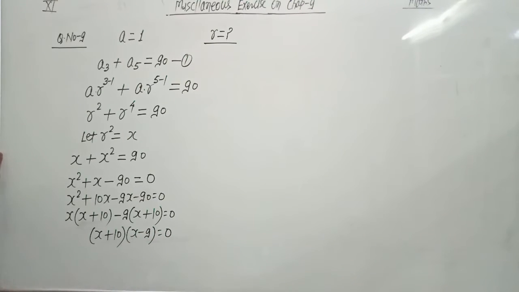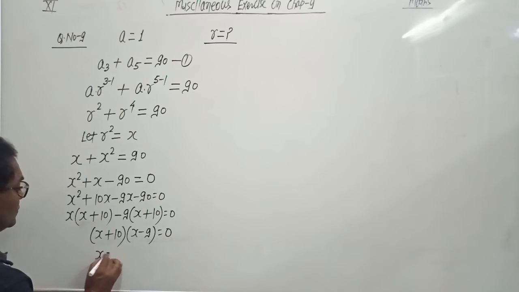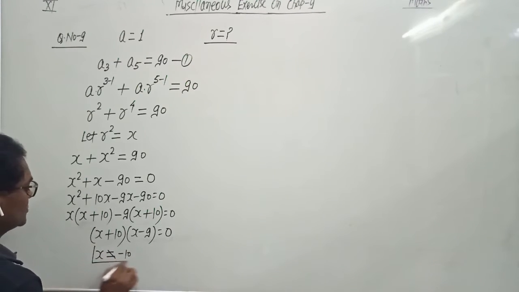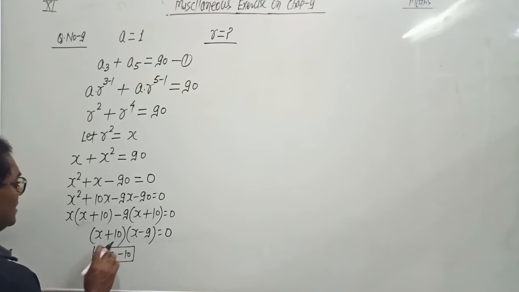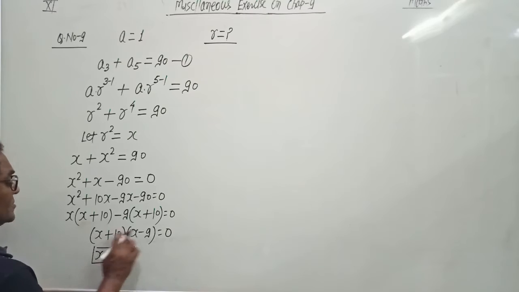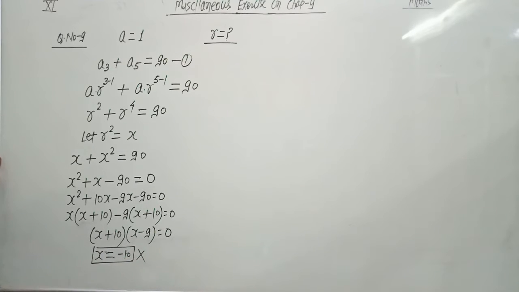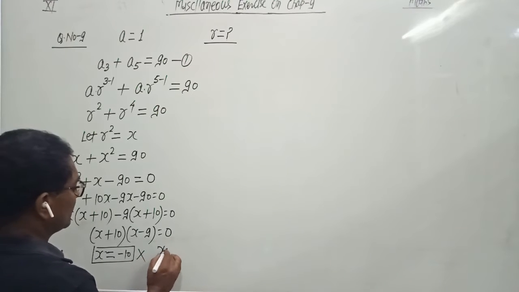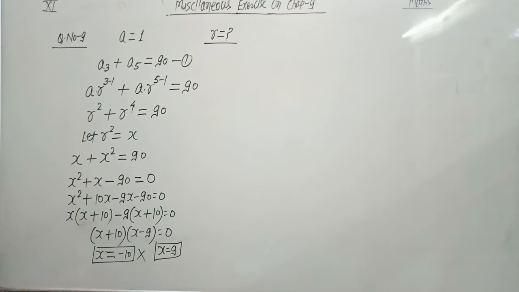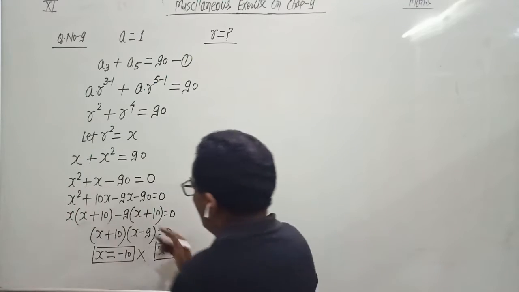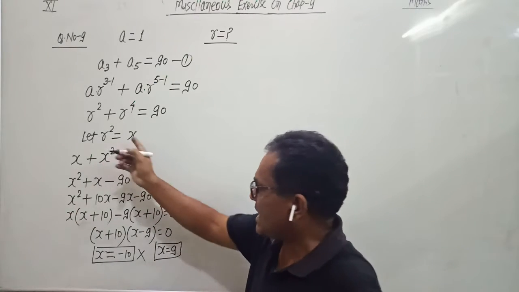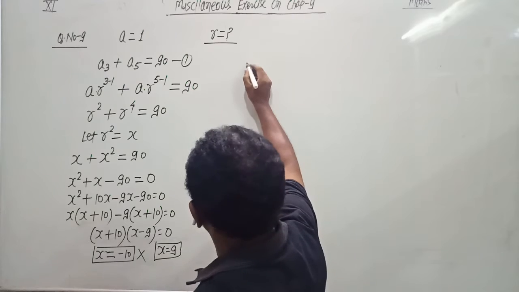And we get the value of x equals minus 10, which is not possible. x plus 10 equals 0 gives minus 10, not possible. So the value of x comes to be 9. Now put the value of x. We supposed r square equals x.